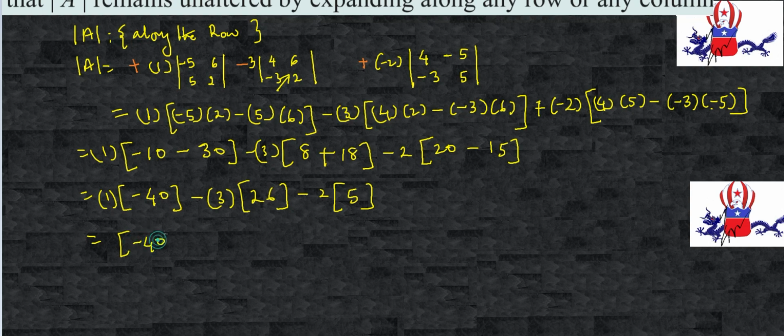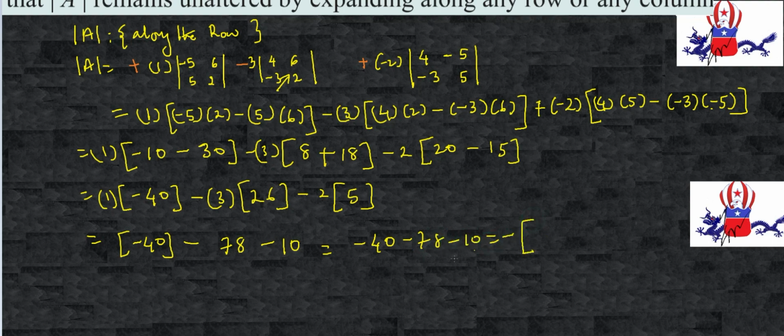So this is going to be negative 40. Now 26 times 3: 3 times 6 is 18, carry 1, 3 times 2 is 6, add 1 gives 7. So that's negative 78. Now we have a negative sign followed by 2 times 5, which is 10. So this is nothing but negative 40, negative 78, negative 10.